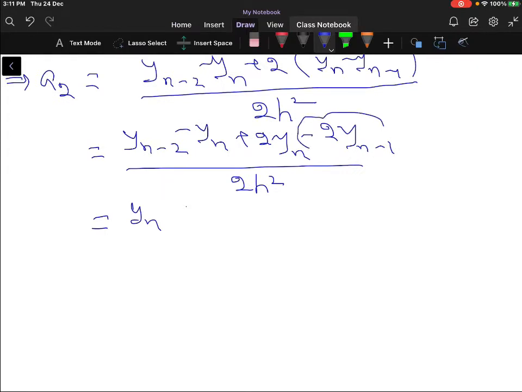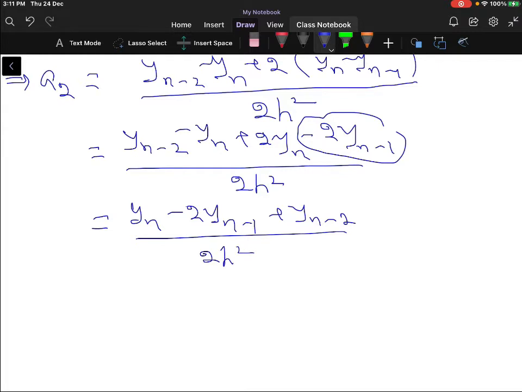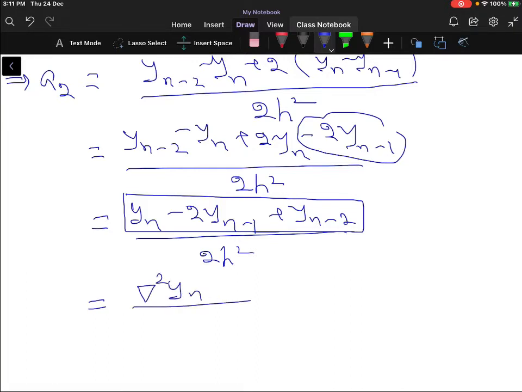This is equal to yn minus 2 times yn minus 1 plus yn minus 2 by 2h square. So by using the second backward difference, this can be written as nabla square yn by 2 factorial into h square.